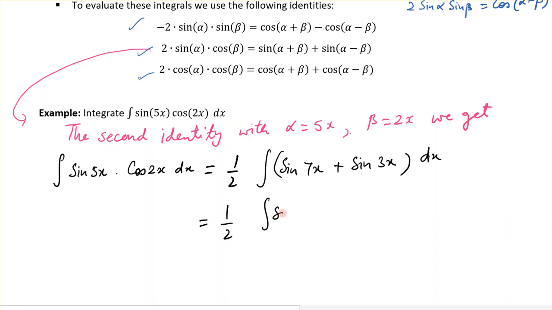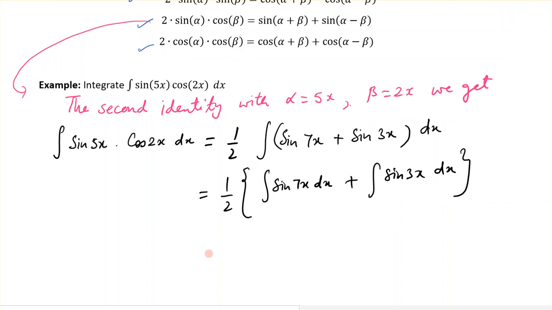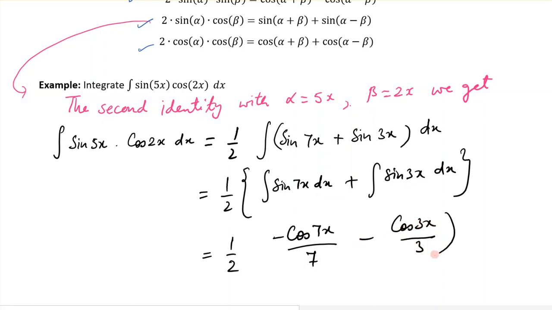So we have integral of sine of 7x dx plus integral of sine of 3x dx. Thus, integral of sine of 7x would be negative cosine 7x divided by 7. Similarly, integral of sine of 3x would be negative cosine of 3x over 3 plus c.